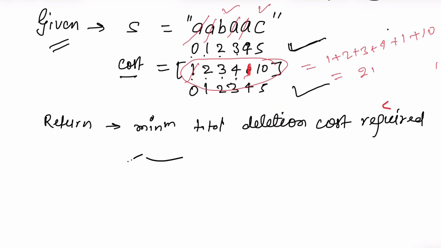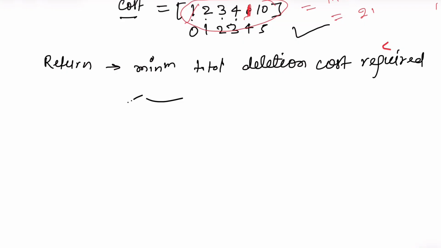Now what I'm trying to say is that we'll keep only A. If we keep only A, we have to delete all others, so we have to find the cost.